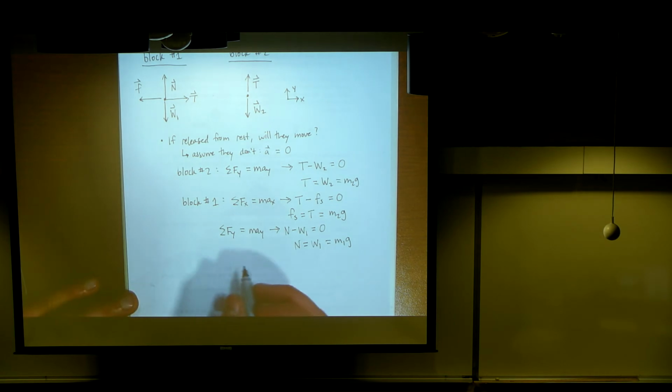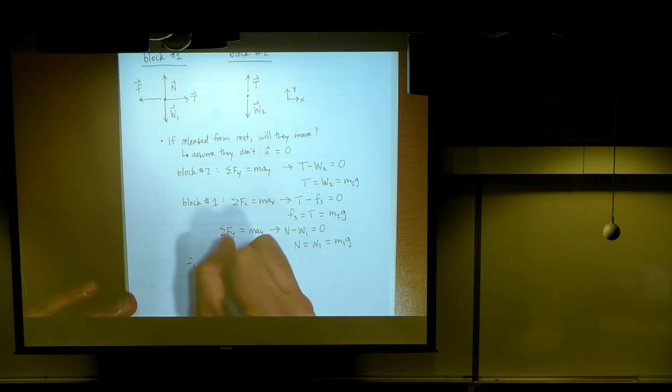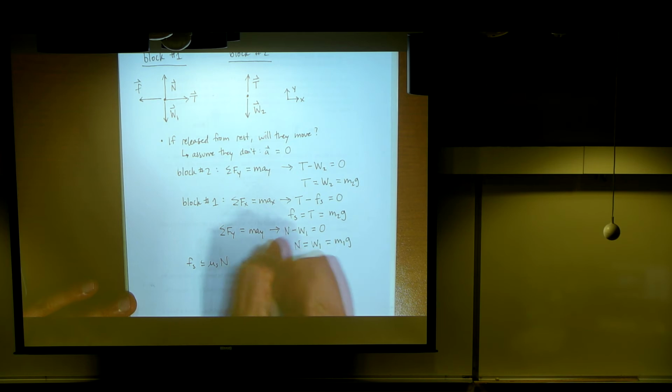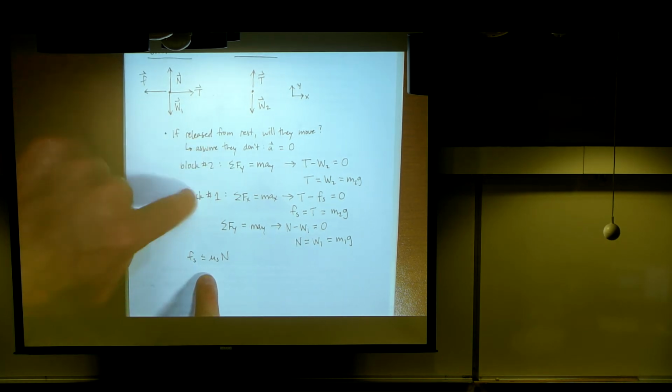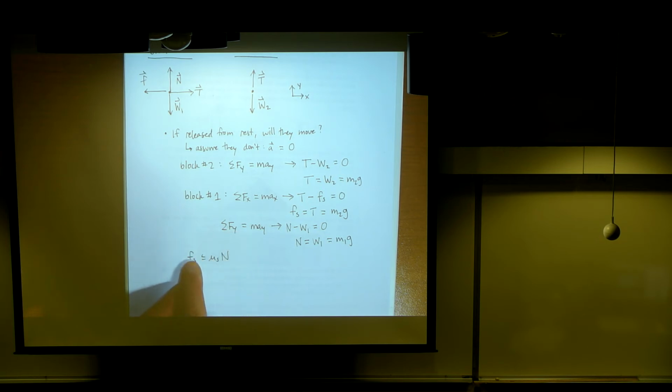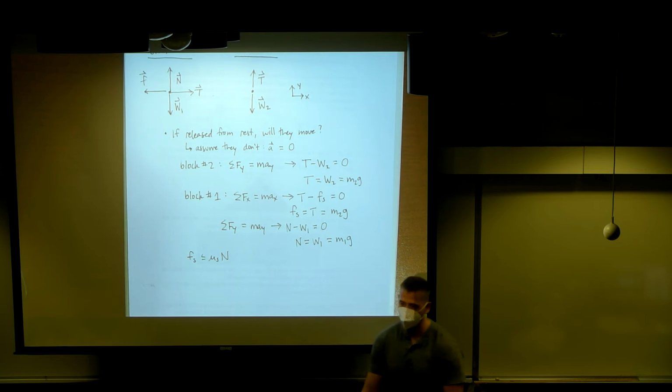All right. Let's now remember that static friction is less than or equal to μs times N. That has to be the case. This has to hold true if the blocks aren't going to move, okay? If this doesn't hold true, that basically means static friction is not enough to hold the blocks in place, and things are actually going to start moving, okay?